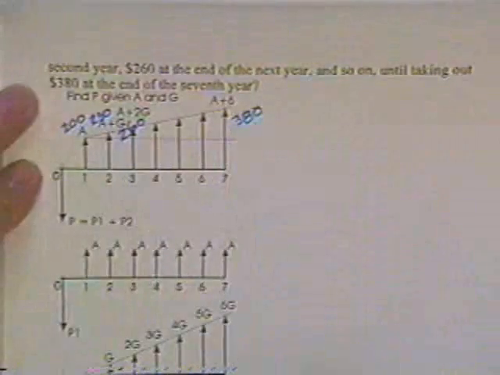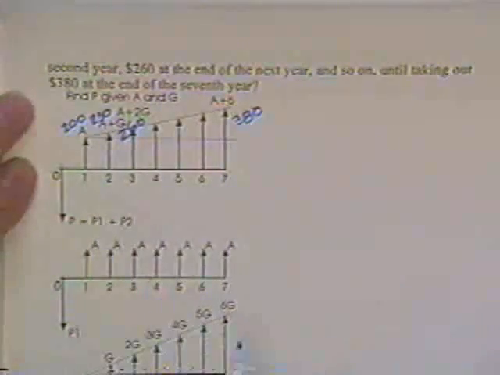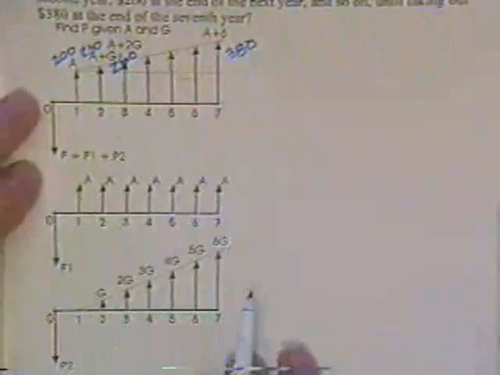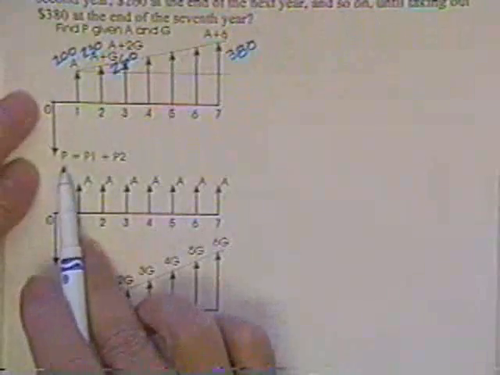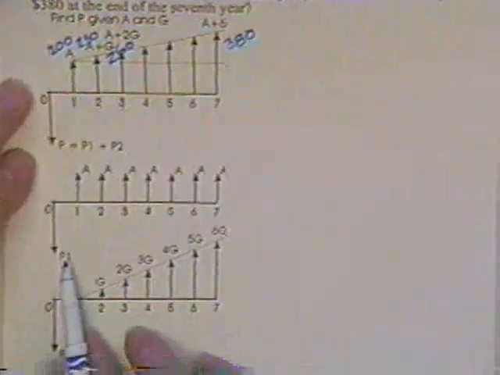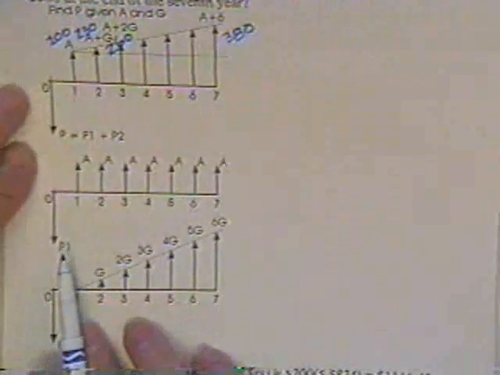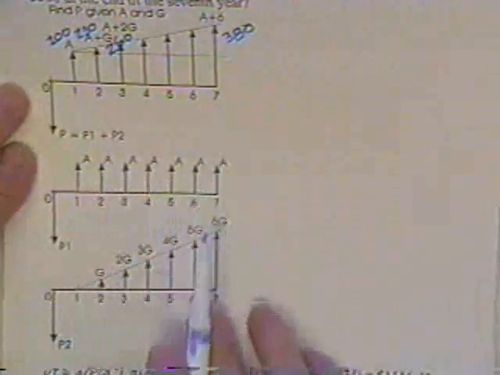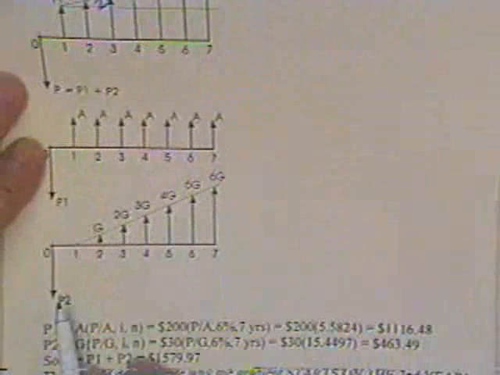Straight line. Now, what you can do is you just say, well, the amount necessary is a P1 and a P2, where P1 is the amount of money I need to fund the annuity, and P2 is the amount that I would need to fund the gradient.